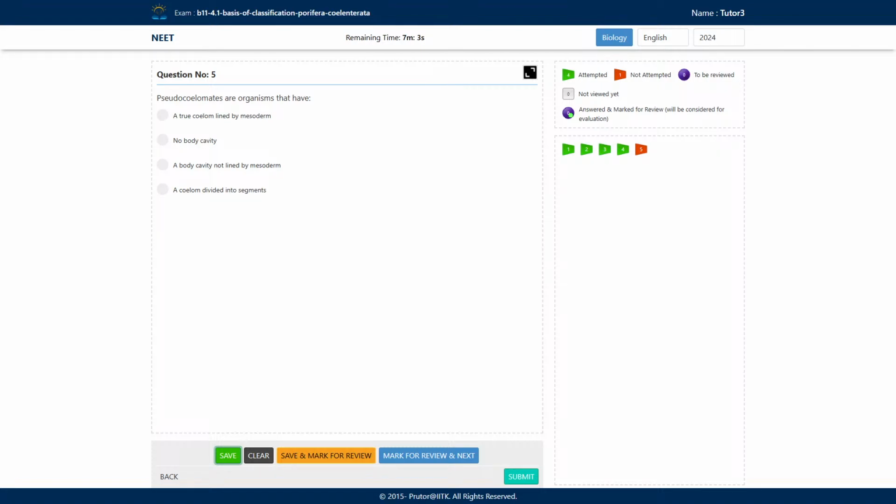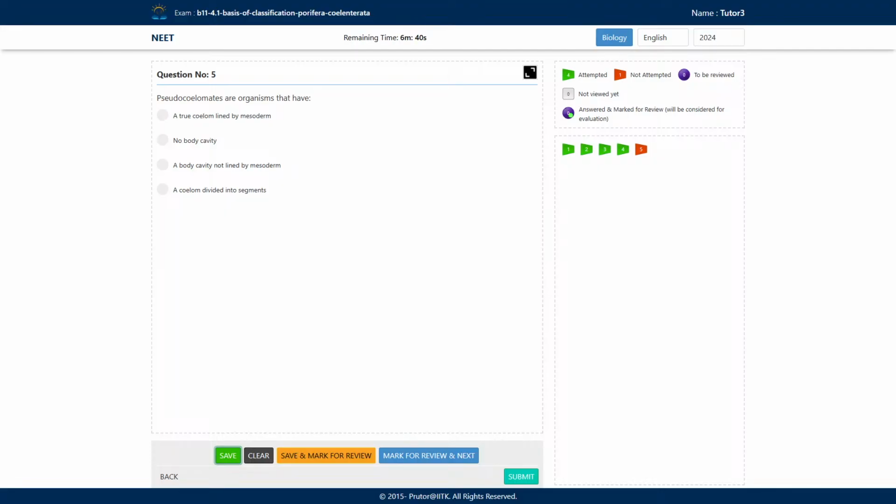Pseudocoelomates are the organisms that have: A, no body cavity, B, a true coelom lined by the mesoderm, C, a body cavity not lined by the mesoderm, and option D, a coelom divided into segments. So pseudocoelomates, not lined by the mesoderm. Very good.